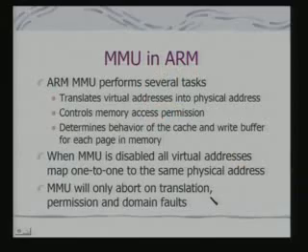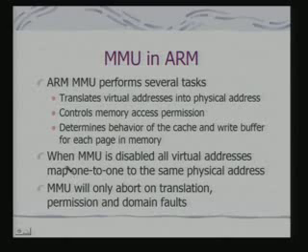The ARM core comes with an MMU to support virtual memory, and the primary motivation for providing this MMU capability is not only to have demand paging, but most importantly to implement protection. Like any other MMU, the ARM MMU translates virtual addresses into physical addresses, controls memory access permissions, and determines the behavior of the cache and write buffer for each page in memory.